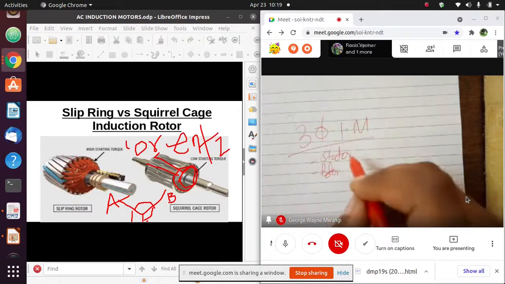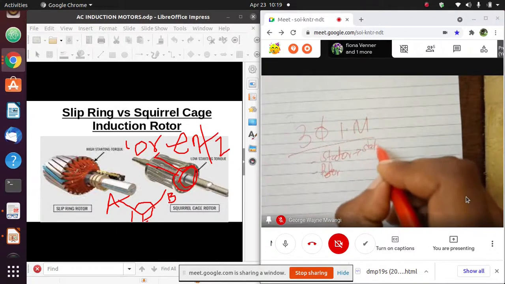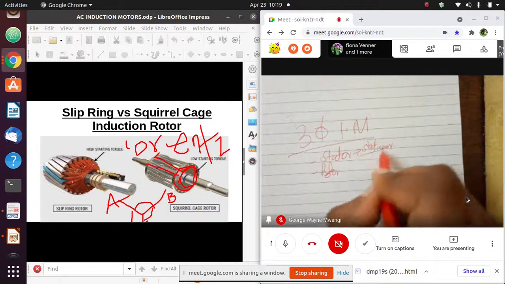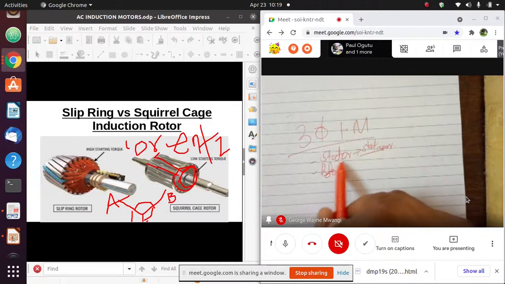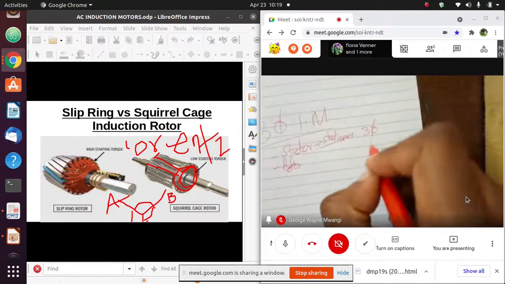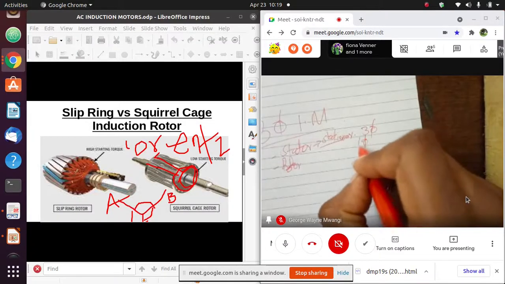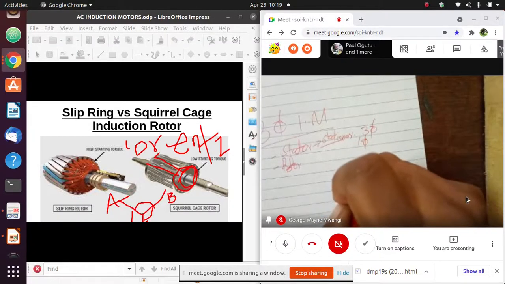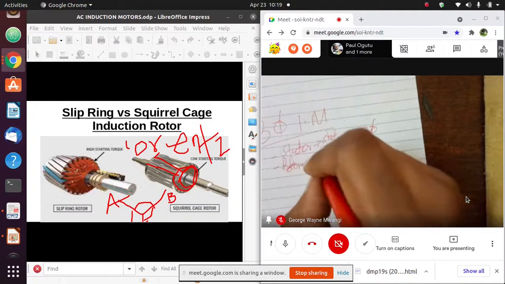The stator is the stationary part, and the construction of the stator of a single-phase and a three-phase motor is usually the same. The only difference is that one is connected to a three-phase distributed winding and the other to a single-phase distributed winding. Now the rotor can be of two types.